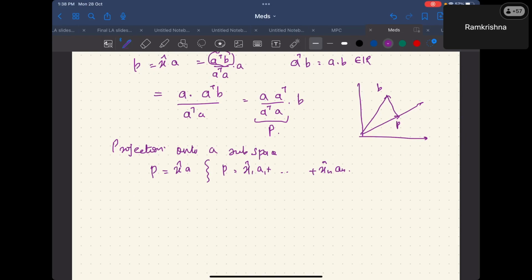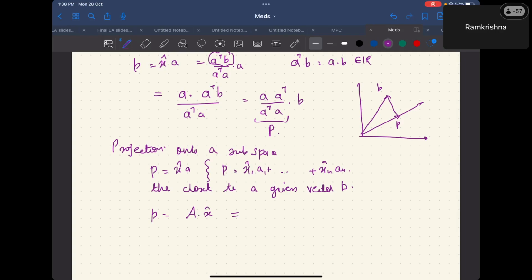So this is the projection. This projection will be the closest to a given vector B. And what we saw in this case was that instead of A x hat, it was now a matrix A times x hat, with A being a matrix and x being a vector.